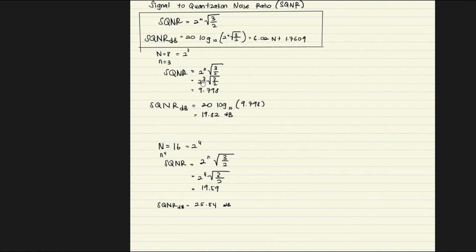Then put in the n value 3 and calculate, and we got the answer 9.798. Then put the value into this equation, 20 log 10 of SQNR, and we got 19.82 dB.